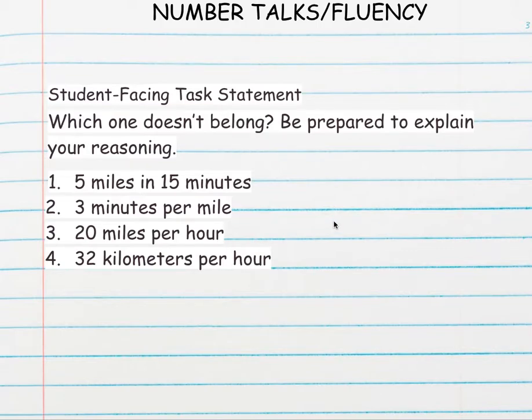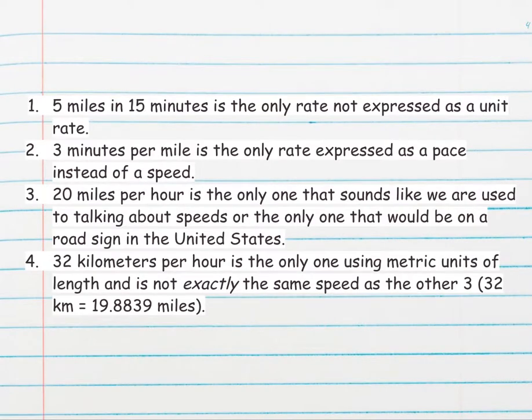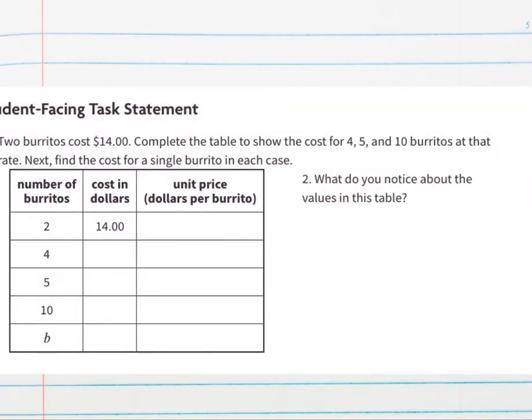I also notice the distance is first in 1, 3, and 4, but the time is first in number 2. That will make a difference in how you explain things. We can make an argument for several of them for why they don't belong. It's just a matter of perspective. All right, I'm going to go right on.